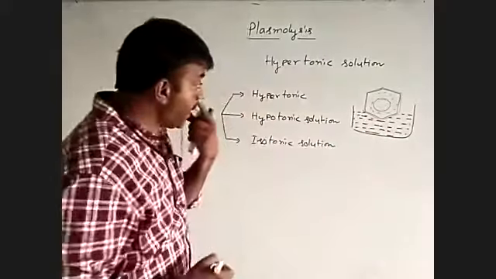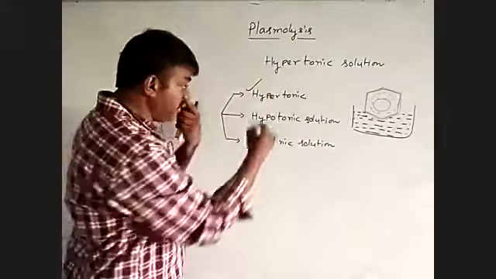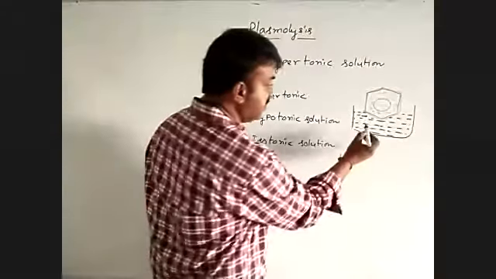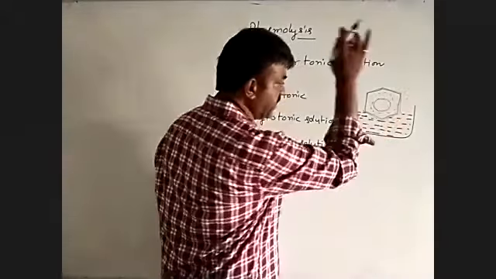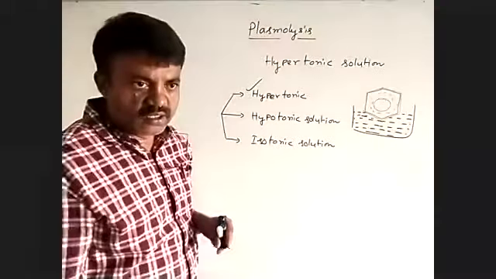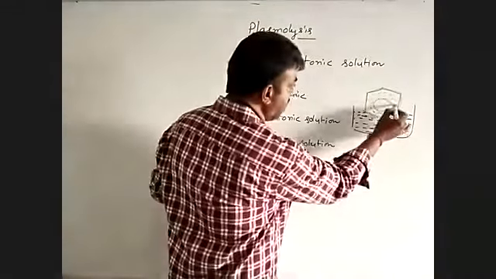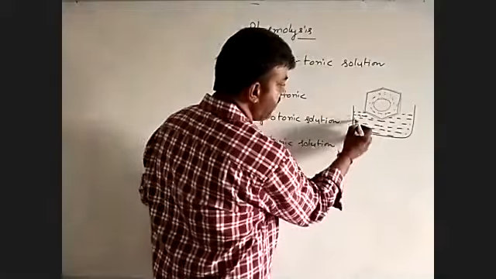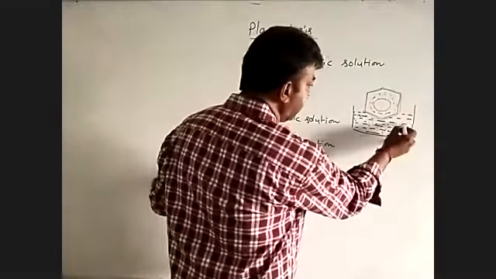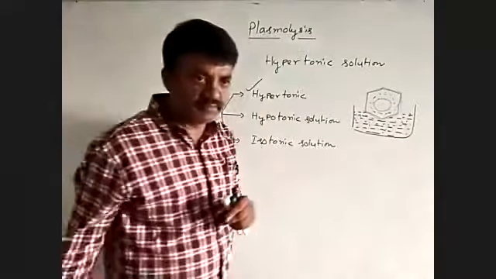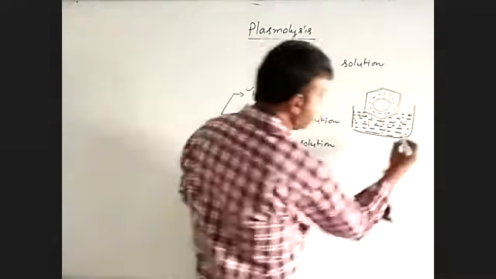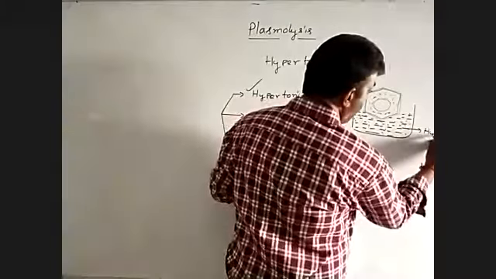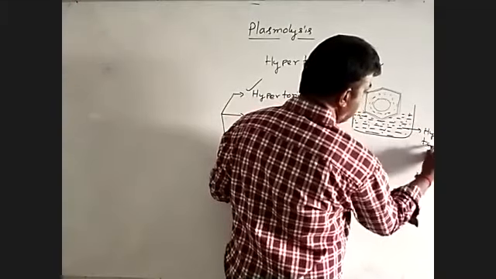Very important. So hypertonic solution means the concentration of solution is much higher than cytoplasm or protoplasm. ఇక్కడ ఉన్నటువంటి protoplasm concentration కంటే external solution concentration అనేది much greater, much higher. Then which is called as hypertonic solution.